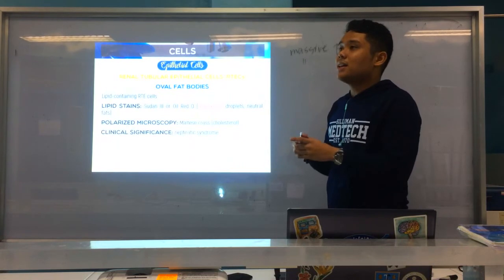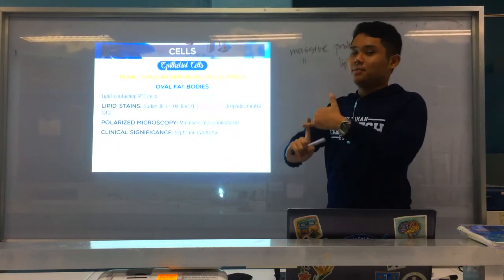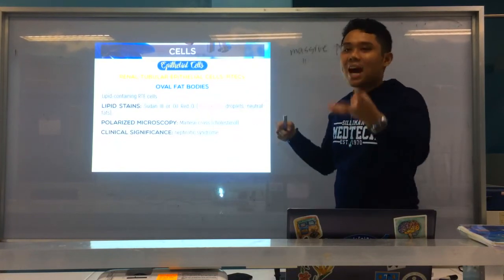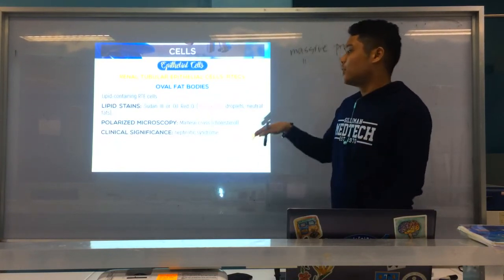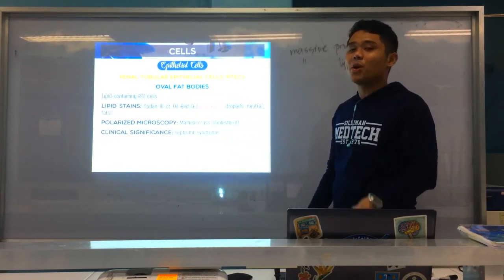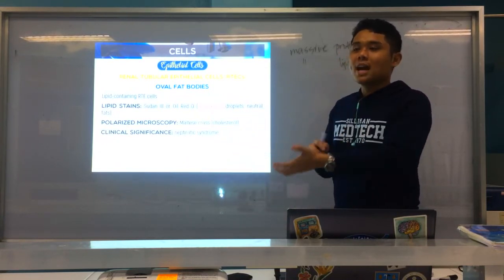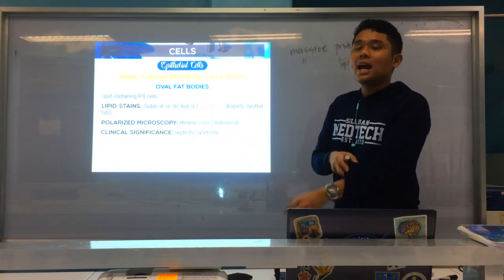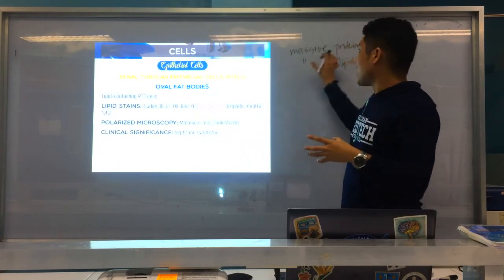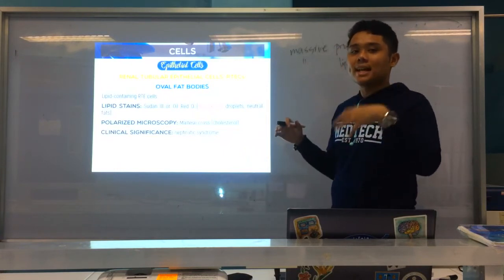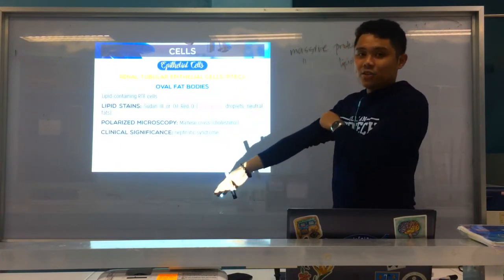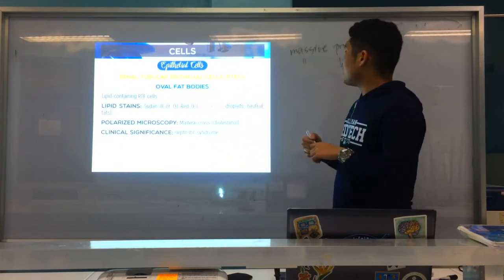The findings are increased proteins in urine and increased lipids, such as oval fat bodies and fatty casts. It is usually nephrotic syndrome. There is a disruption in the podocytes and the shield of negativity, which disrupts the charges. That is why these high molecular weight substances, proteins and lipids, appear in the urine. That is the point of nephrotic syndrome: massive proteinuria, massive lipiduria.